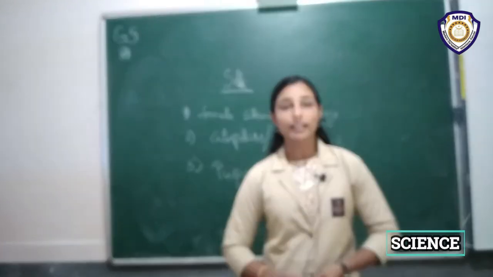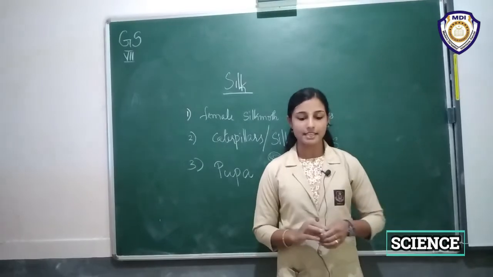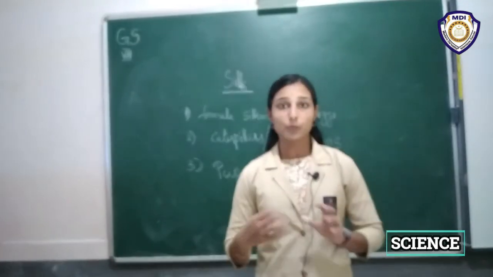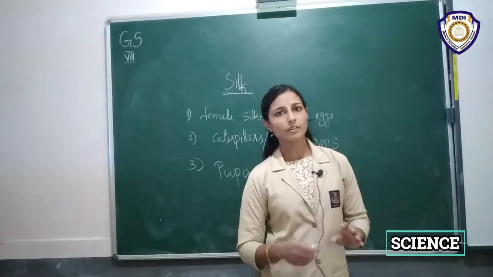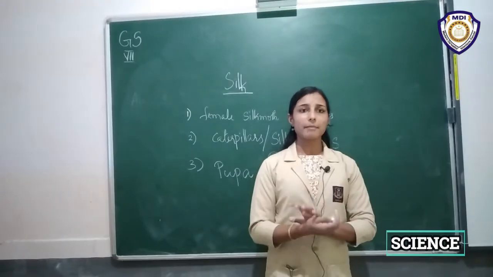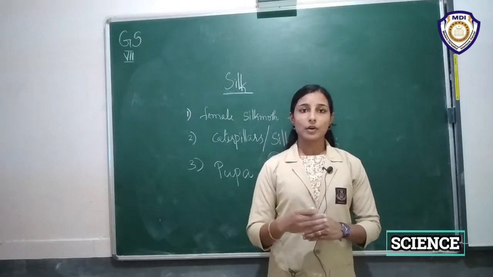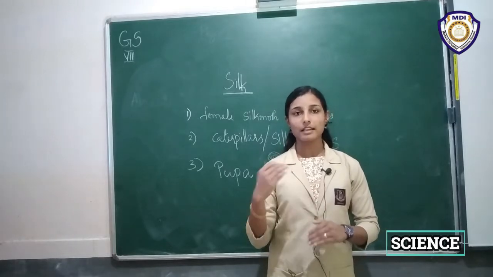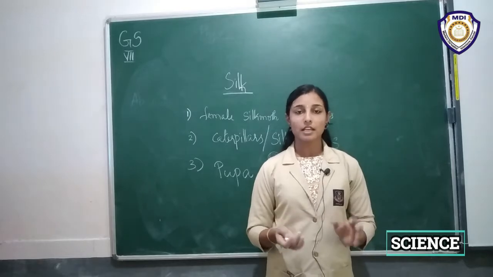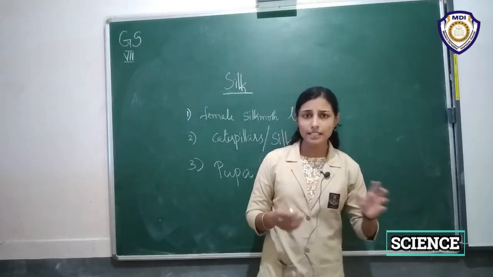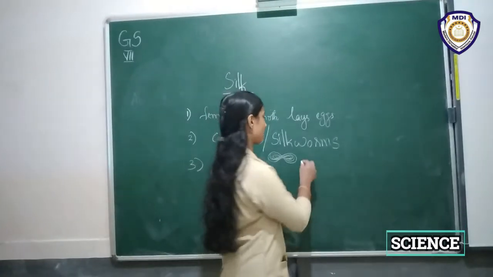Soon the caterpillar completely covers itself with silk fiber and turns into a pupa. Within some time they completely cover their body, and the pupa is inside that covering. This covering is known as the cocoon.